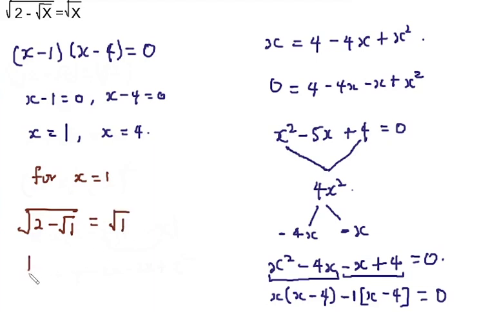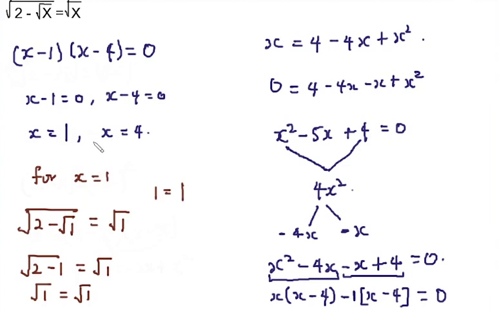So I have square root of 2 minus 1 is 1, this is equal to square root of 1. Square root of 1 is equal to square root of 1, which is 1. So I have 1 is equal to 1. So that means x equal to 1 is correct.